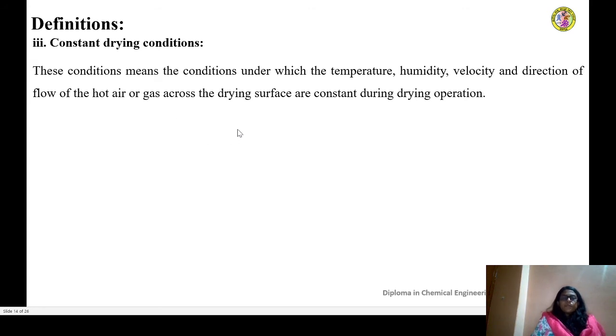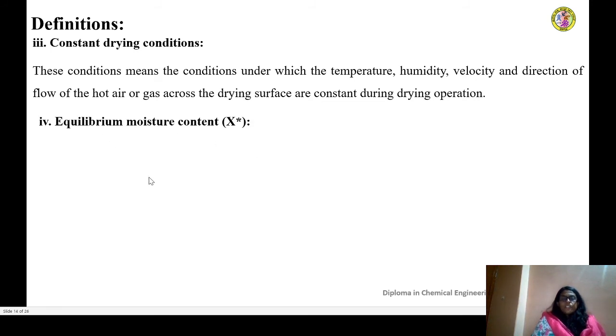The material to be dried will be kept inside the drying chamber, and the hot drying medium or drying gas will be made to circulate through the dryer. That is, it flows over the surface of the material that is being subjected to drying. So if that flow of hot air is with a constant velocity and in a particular constant direction, and if the temperature and humidity of that drying medium are maintained constant, then the conditions of drying are called constant drying conditions.